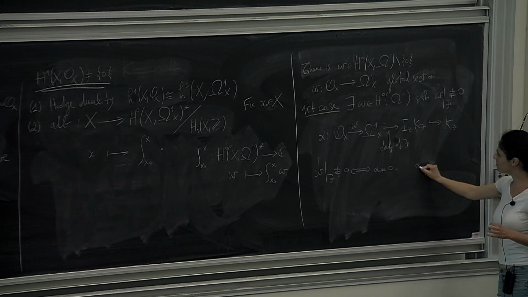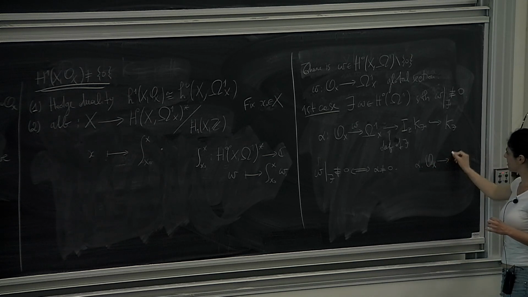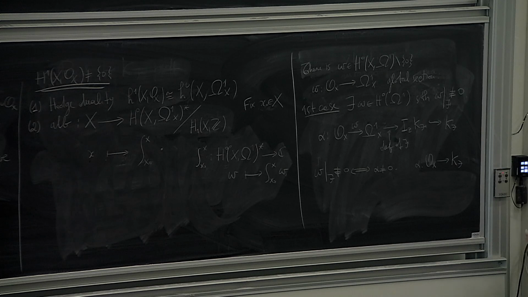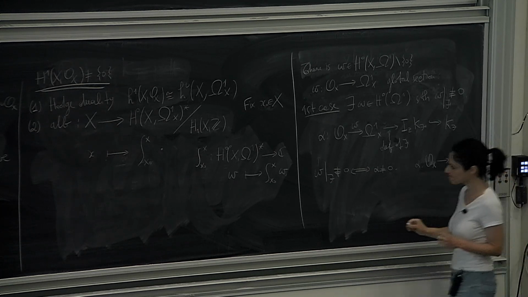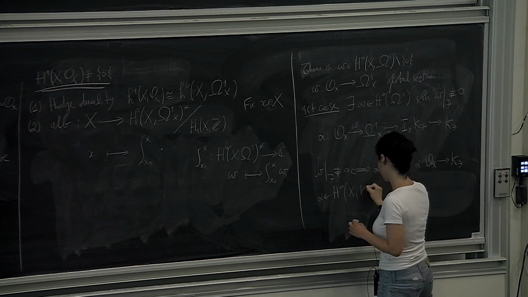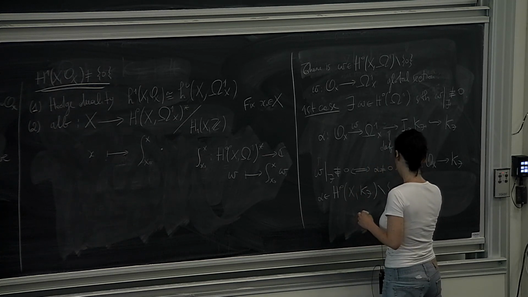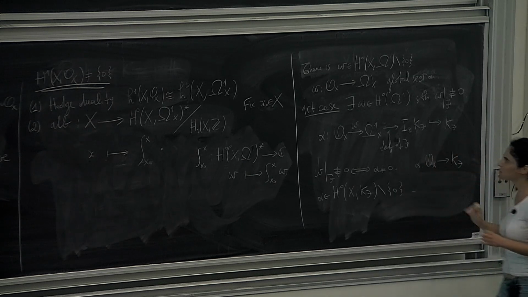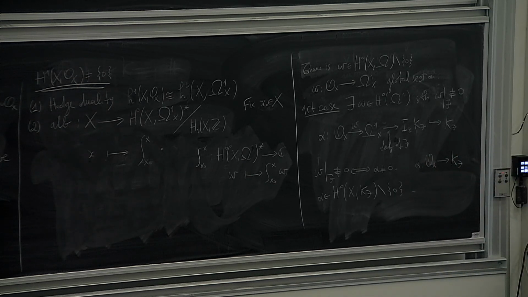But so alpha is a global section of K_F again. So this is what we wanted in this first case.